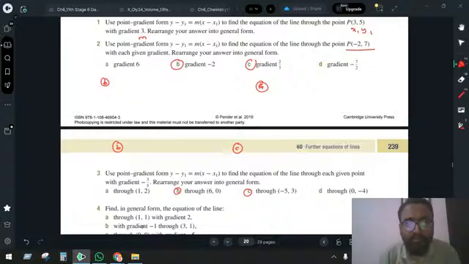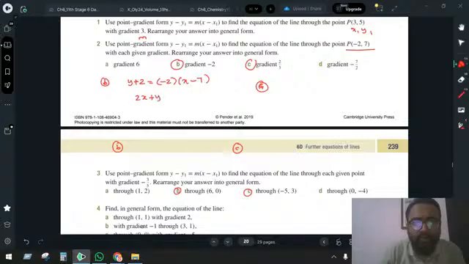We need all answers in the general form. Yeah, I got it. So for 2b, 2x plus y minus 3 is equal to 0. I don't think so.